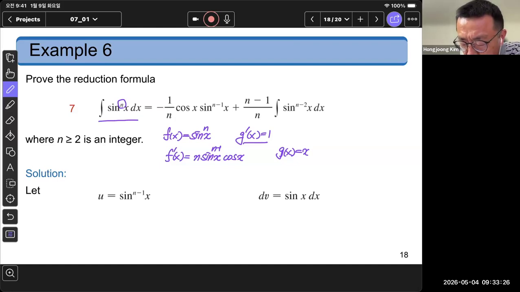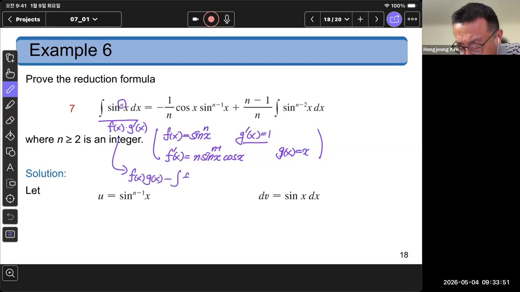If I do this, given these f and g, f prime and g prime, the integration by parts tells you f of x times g of x minus the integral of f prime of x times g of x dx.